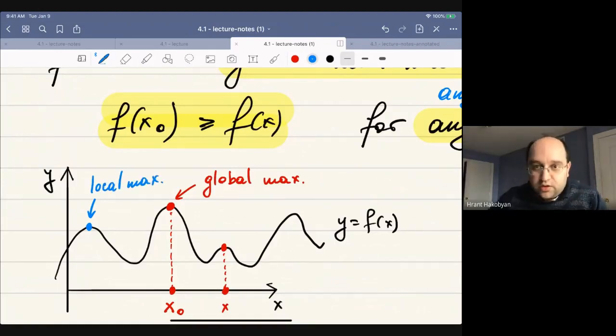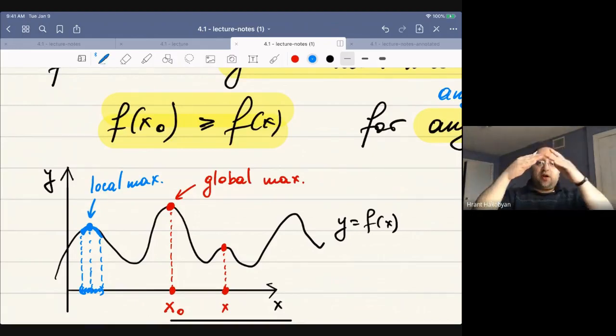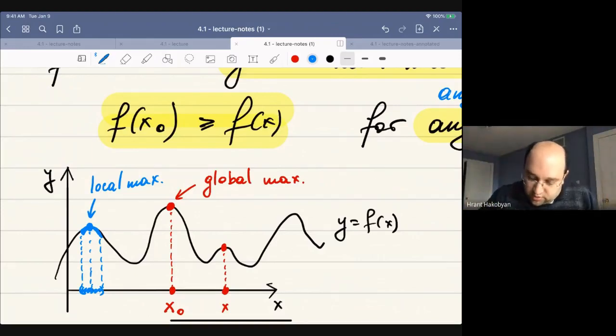Why is that a local maximum? Because if I don't move too far from that point, then that's the highest point in that neighborhood. So it's like a mountain top, but it's not the absolute highest mountain everywhere. You have to go pretty far to get to a higher point, right?